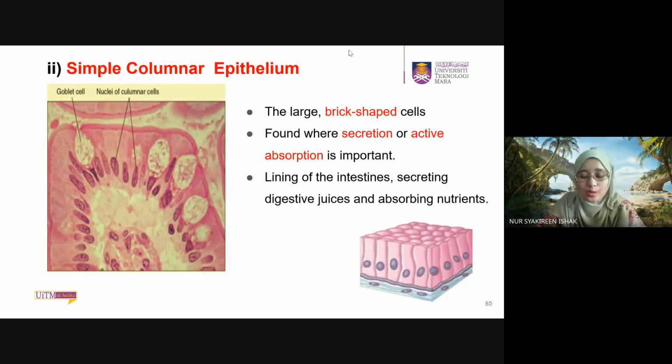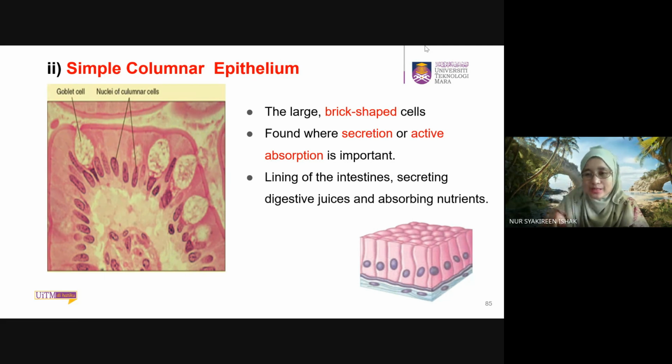Then we have simple columnar, a single layer of cells that are brick shaped, columnar. These cells are involved in secretions, active secretion and also absorption, such as the lining of the intestine, secreting digestive juices of the small intestine, and the small intestine also actively absorbs the nutrients that have been digested by the enzymes.